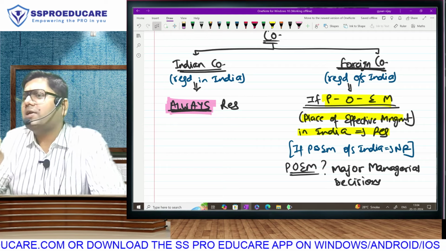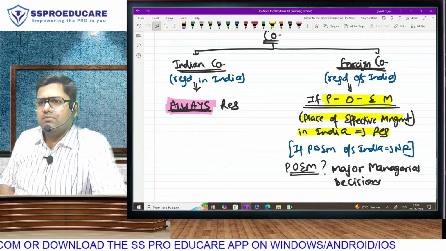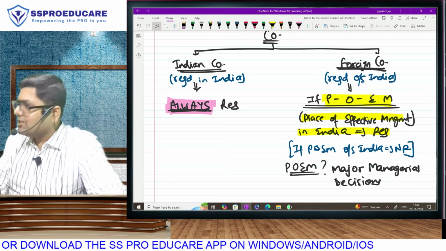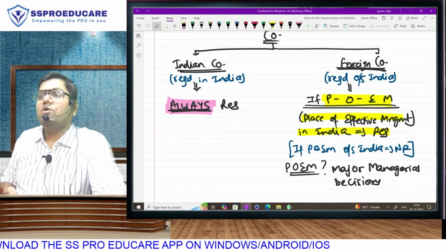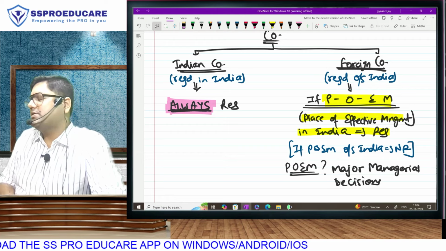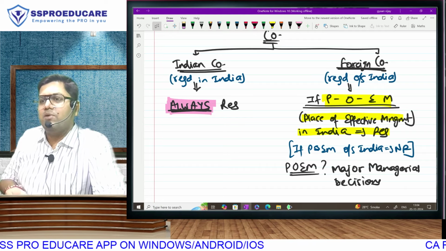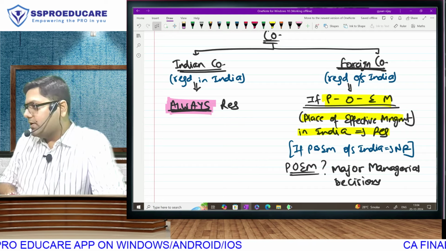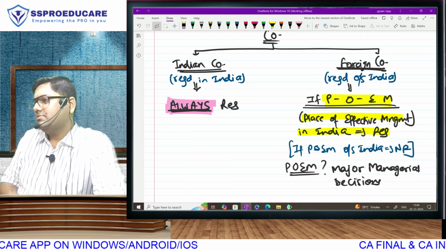If only the routine day-to-day decisions are taken in India, it won't be considered as POEM. In fact, we are not going to consider only the routine day-to-day decisions. We will only check your major decisions. Major decisions in India, resident. Major decisions outside India, that means POEM outside India, non-resident. Is that clear? Still, you should ask some question.